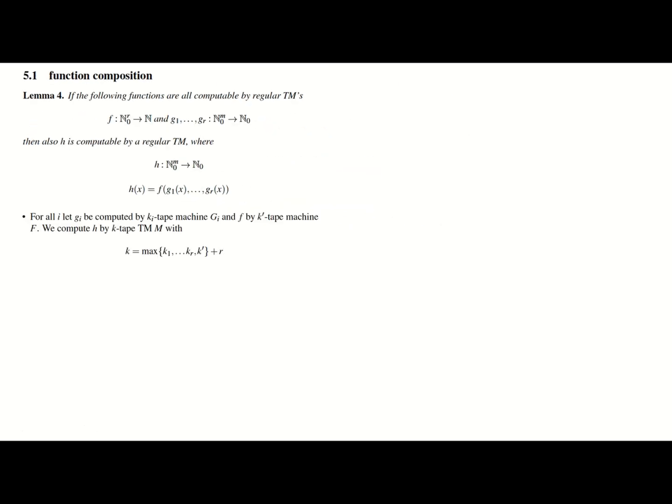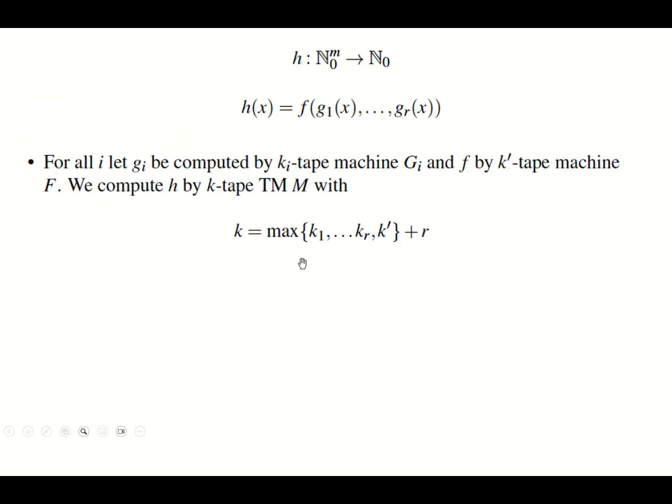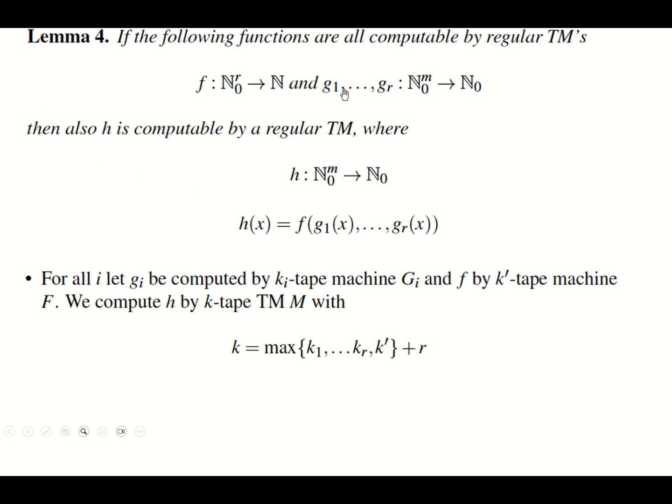First, this is actually unnecessarily tedious, but let's still do it: how many tapes am I using for this new machine I'm constructing? I have r many g's. For all i, gi is computed by, I don't know how many tapes gi needs, I just know that it's computable.